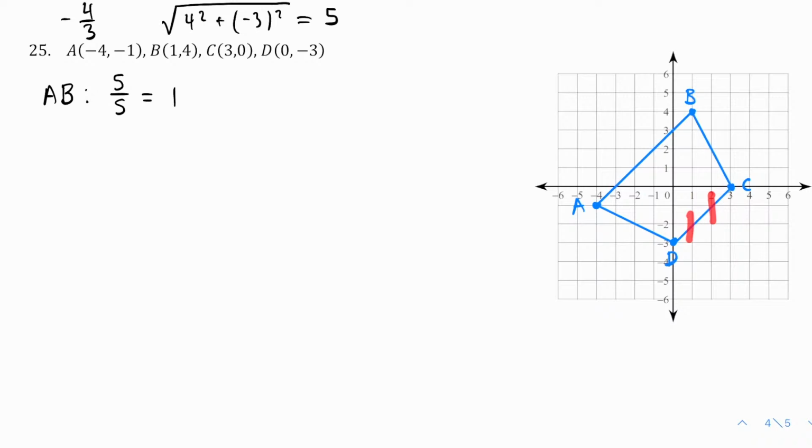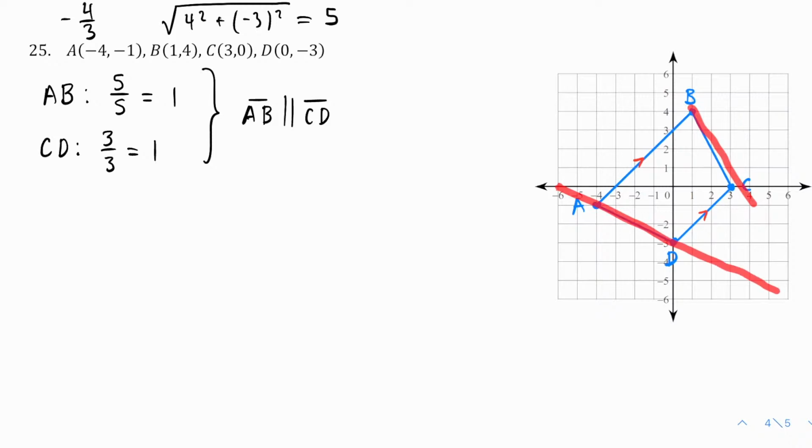The run is 1, 2, 3. And 3 over 3 also equals 1. So from that, we know that AB is parallel to CD. And we can kind of just tell by looking that BC and AD are not parallel.